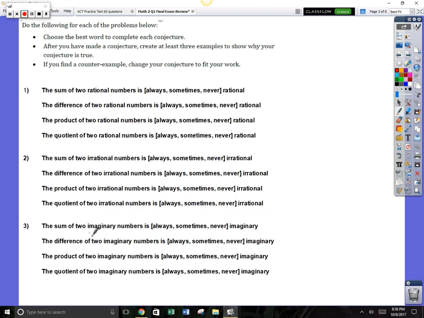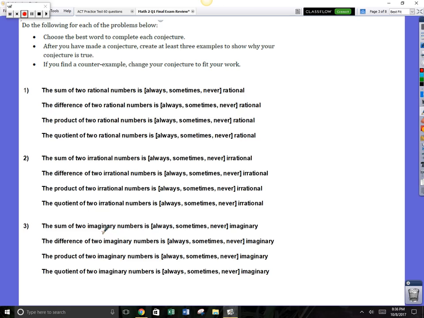Number 3, okay, now we're going to just focus on the imaginaries. If you add two imaginaries, will the answer always, sometimes, or never be imaginary? We're going to go sometimes. So if you add like 2 imaginaries plus 3 imaginaries, that creates 5 imaginaries.